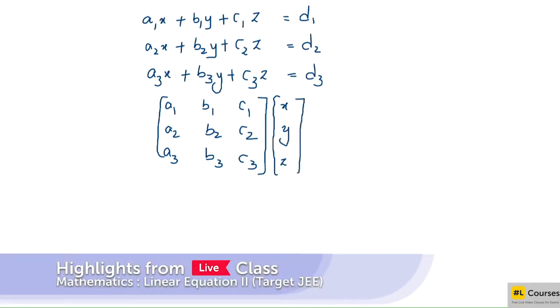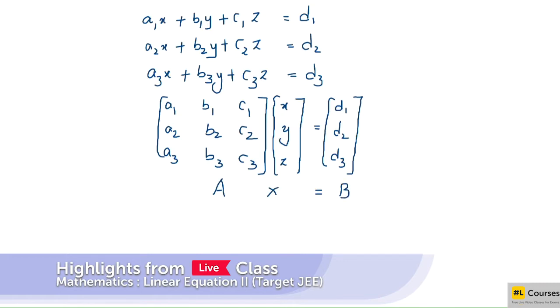Yesterday also I told you why we are writing column-wise, okay, is equal to d1, d2, d3. Is it visible for everyone now? So whenever we have it like this, we will take this as AX is equal to B.